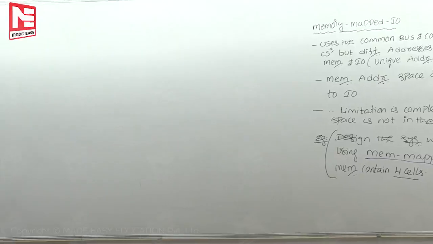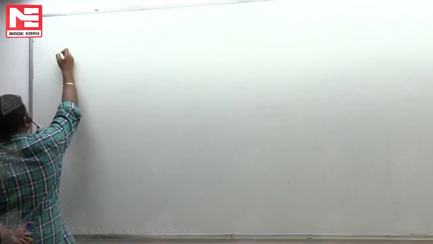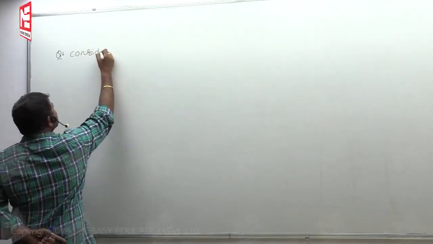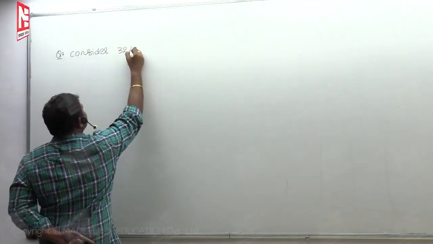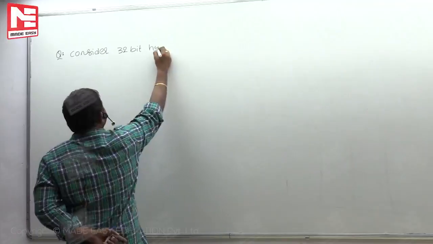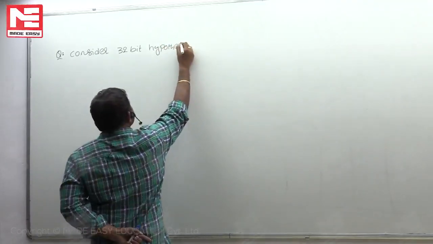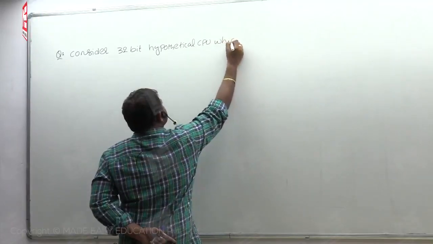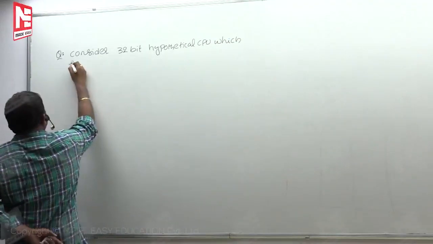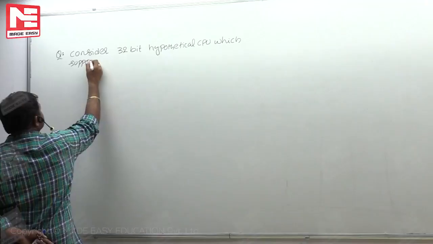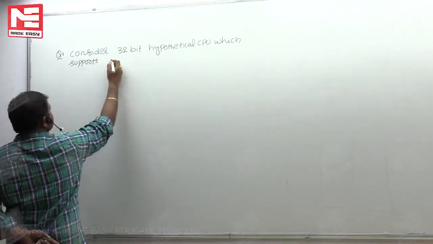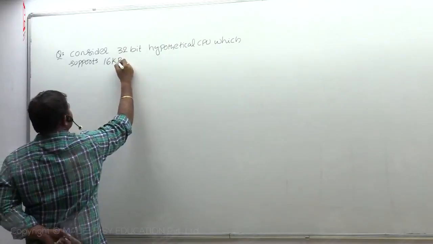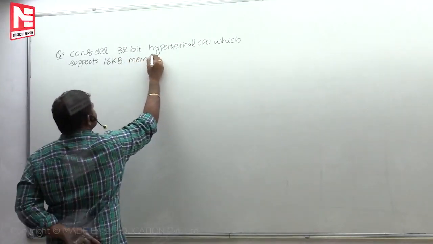Question is, consider a 32-bit hypothetical CPU which supports 16 KB memory space.